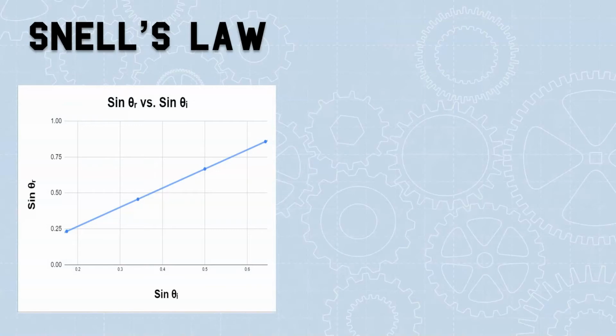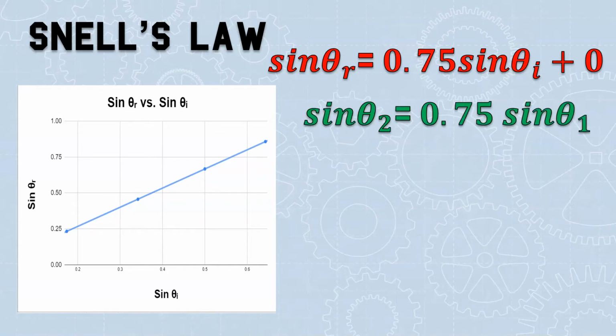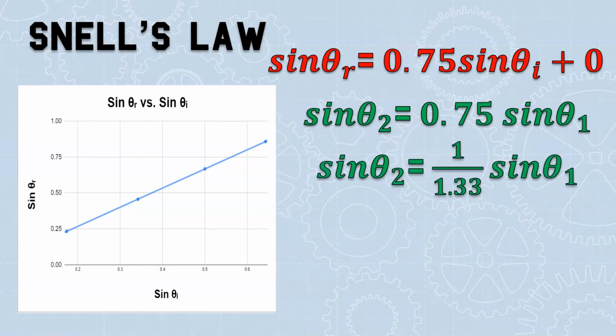Using this graph and relationship, we can write an equation in slope-intercept form. If we change things around, instead of using theta r and theta i, we think of it as theta 2 and theta 1. We also can get rid of the plus b. Instead of 0.75, we can rewrite that as the fraction rise over run of 1 divided by 1.33.